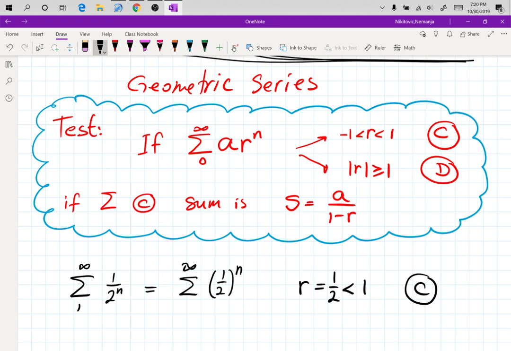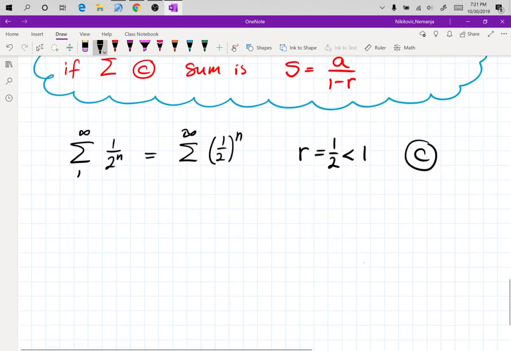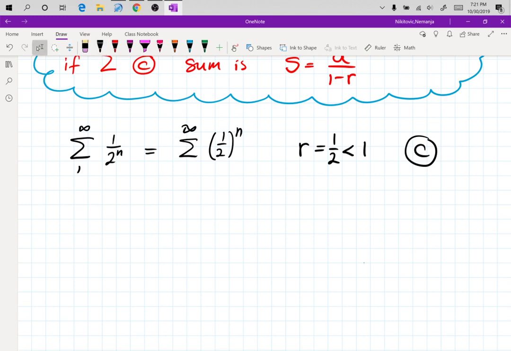You cannot find the sum, you cannot use this formula here until you make this into a 0, and there is a procedure that you have to use. I don't want to teach it now. I just want to do another 2 examples, and then the next one will be the one where we're going to work with that.